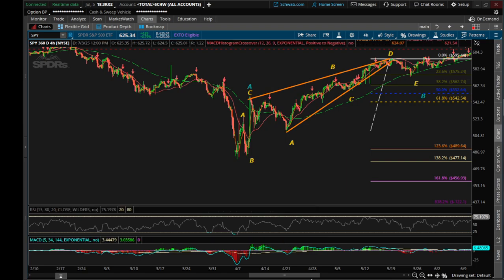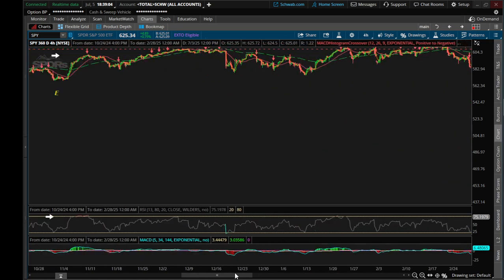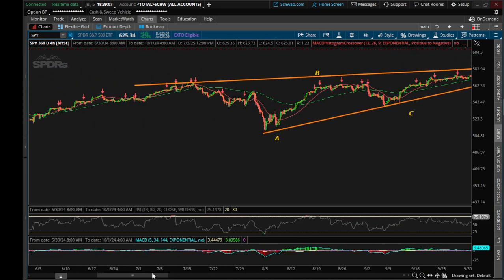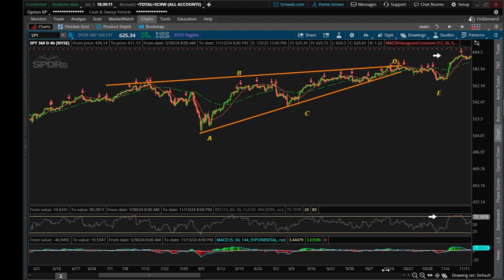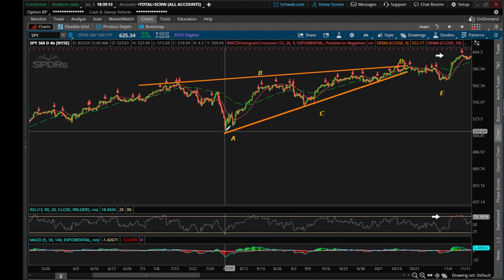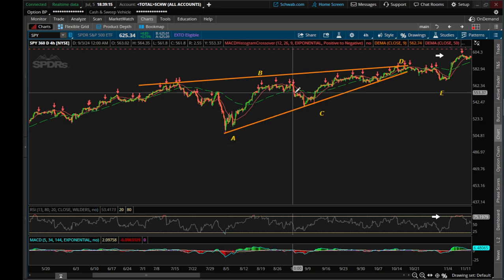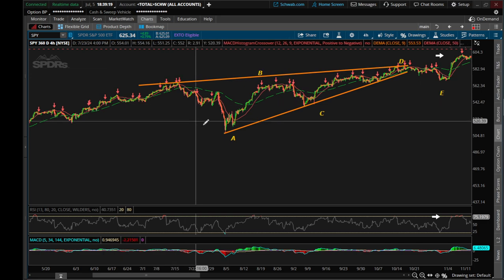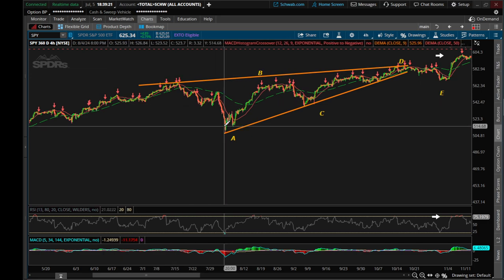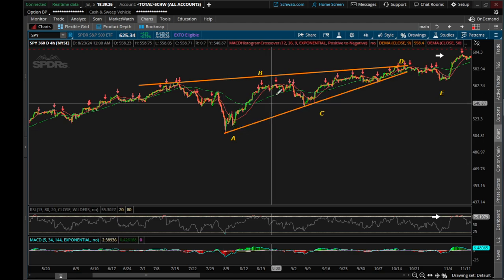Now let's go to the November election day. Right here. I got it labeled out already. So it looks a little different, I understand, but the similarities are hard to ignore. So starting here in August of 24, we have our low, three moves up.